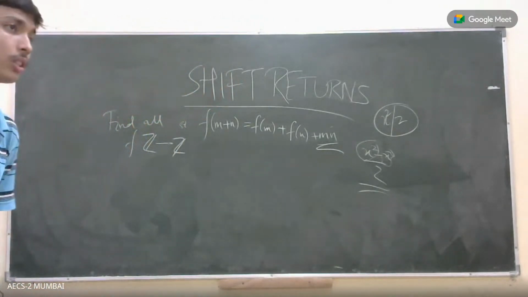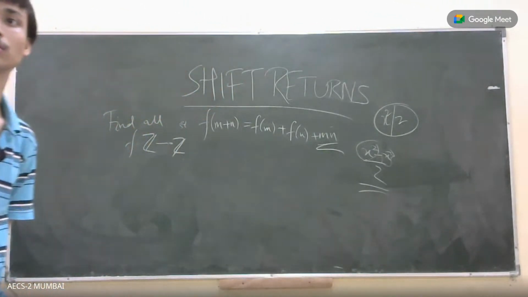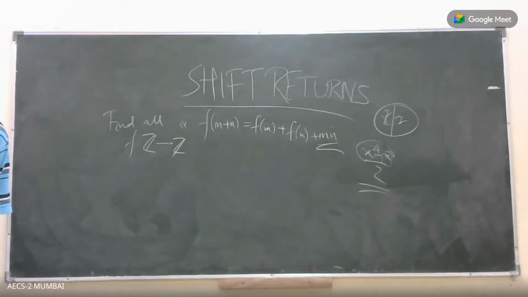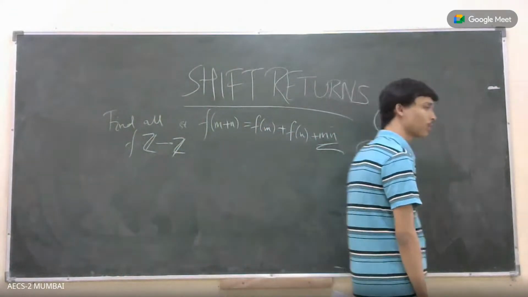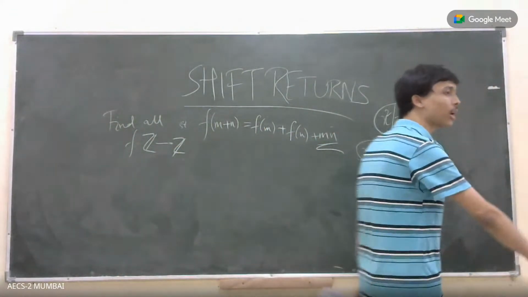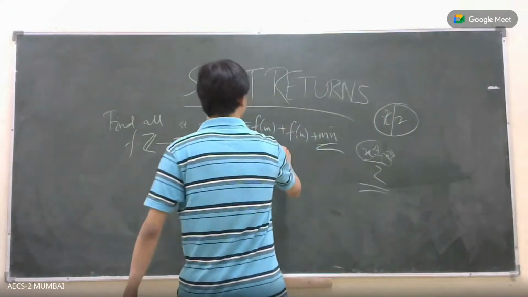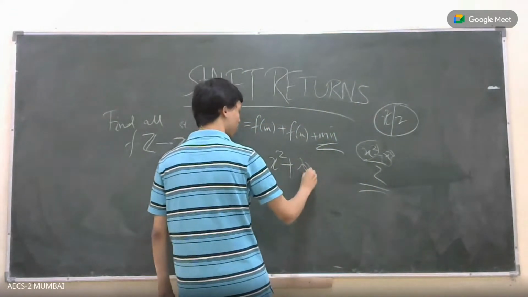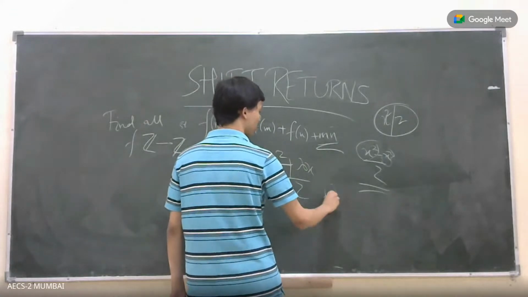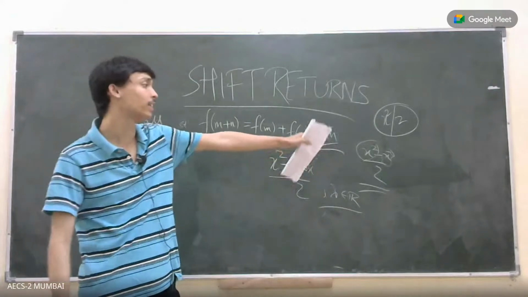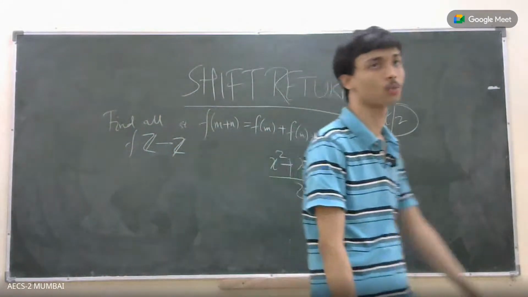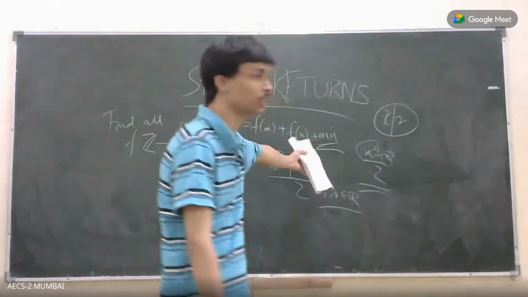Is it a solution? Now I want all of you to check that (x square plus lambda x) by 2 is a solution for any lambda. In particular, you get this solution when you put lambda equals minus 1.